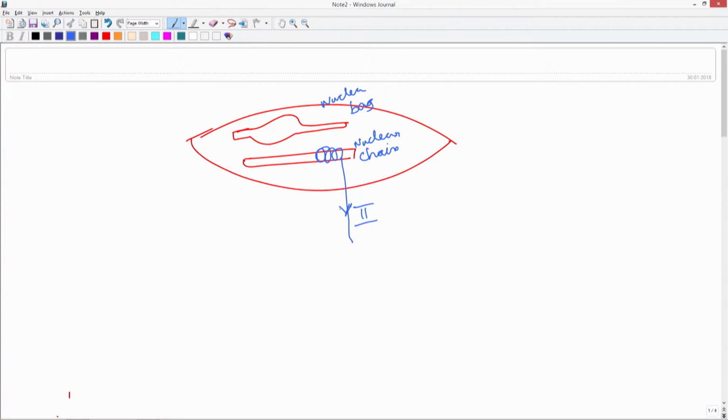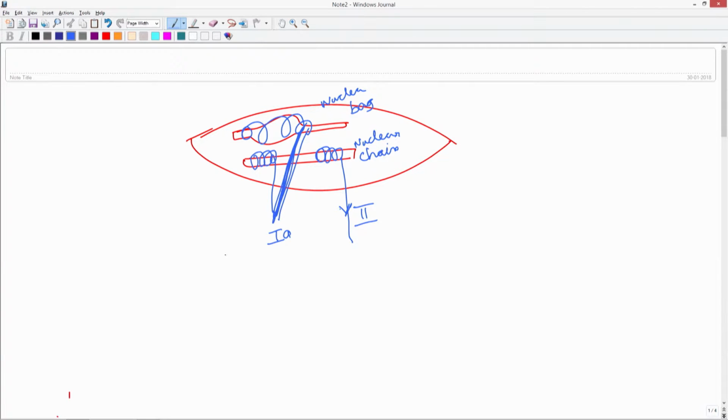Okay. And the nuclear bag also is connected to the CNS, it is called the 1A. The 1A is slightly thicker, I am going to write it as thicker one, and there is also connection from the nuclear bag.